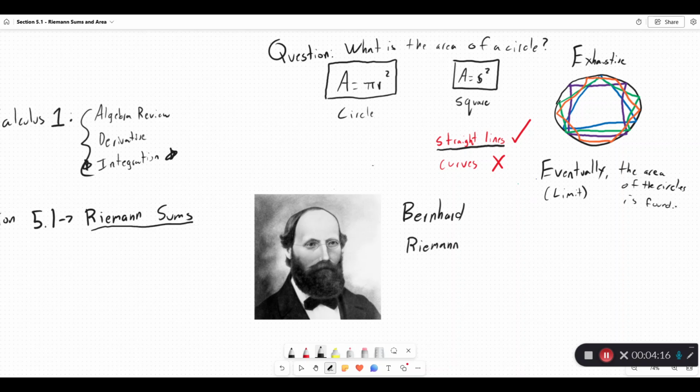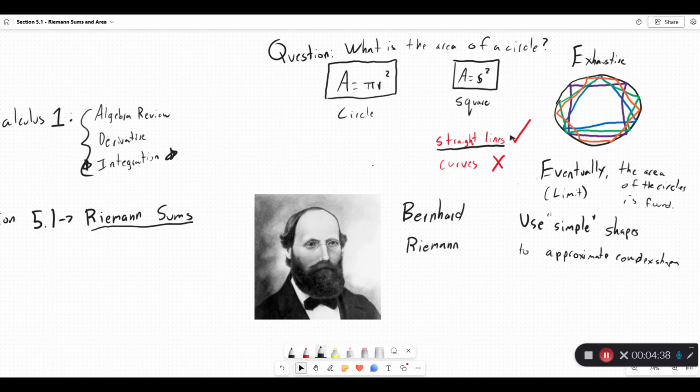That is something that has been an idea for a long, long time. We use simple shapes to approximate complex shapes.